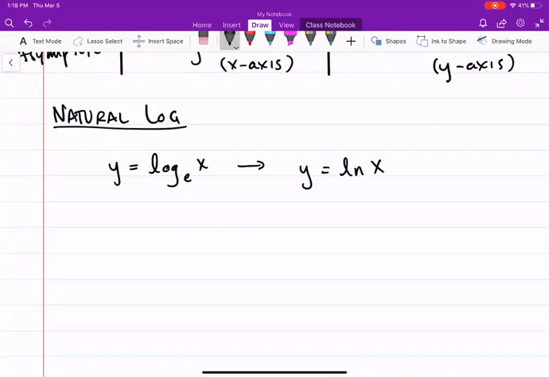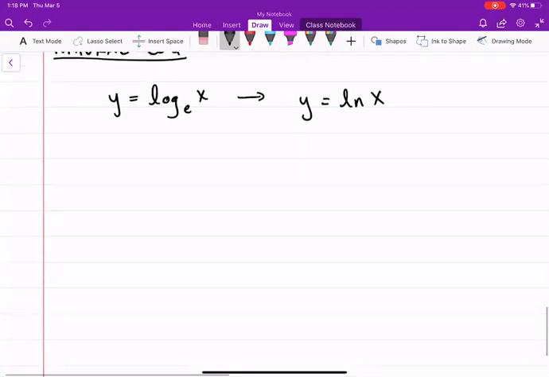So let's put all the properties here, comparing the natural log versus the regular logs, the common logs or the general logs. One of the things we learned was that log base b of 1 is equal to 0.